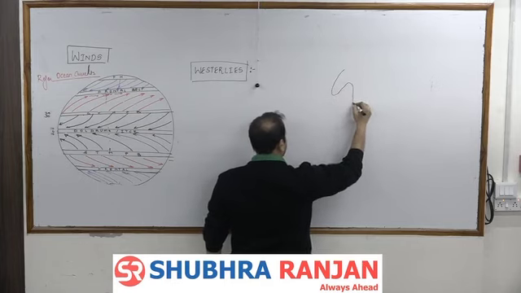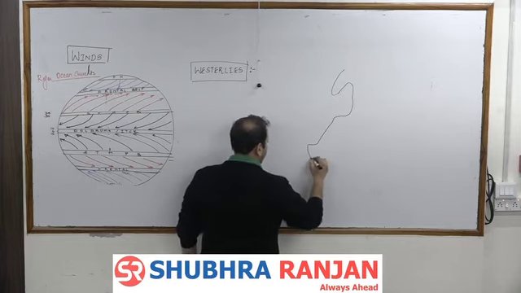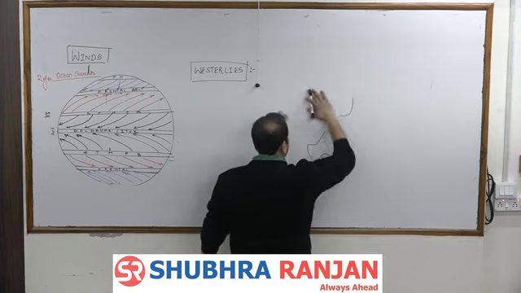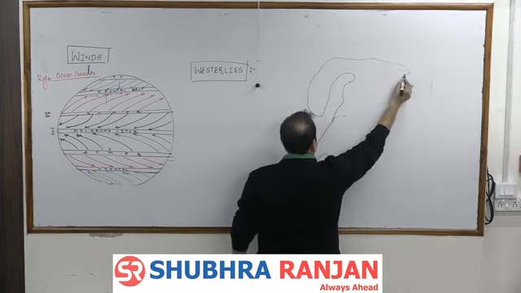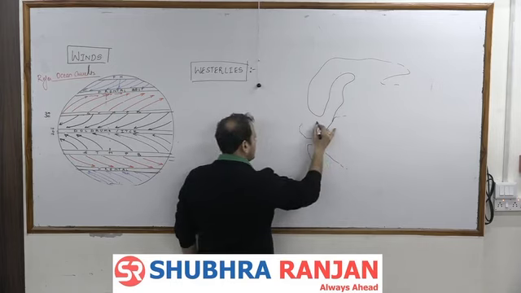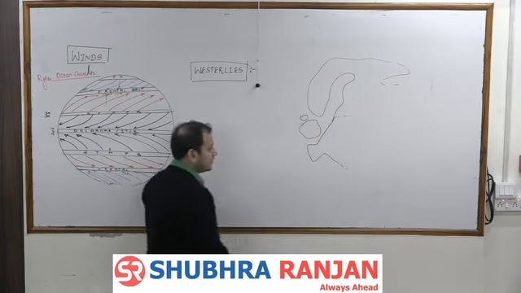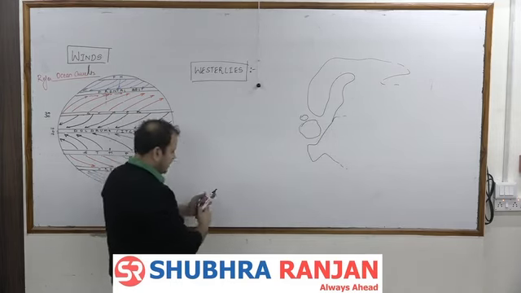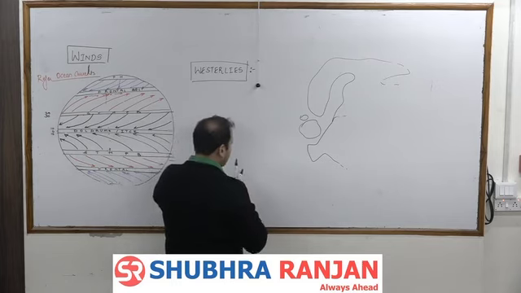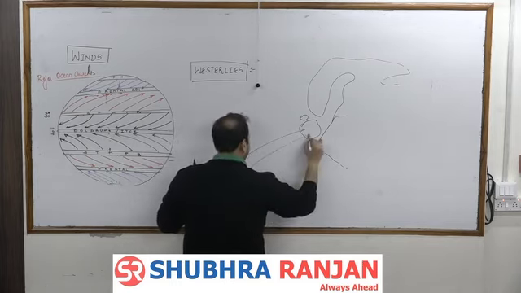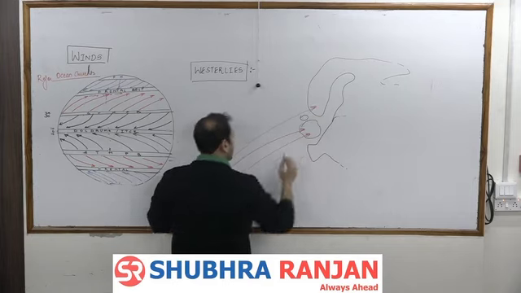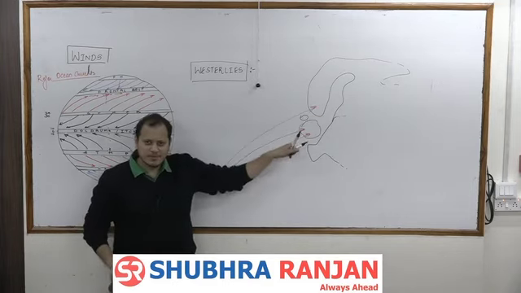This is Europe. UK, and this is the westerlies which are coming. यहाँ पे समंदर है. What is the name of that?